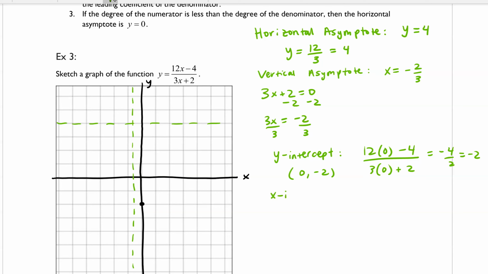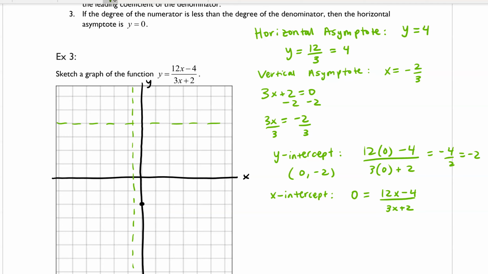Okay, so now let's see if there is an x-intercept. What we want to do is set y equal to 0. So we're going to have 0 equals (12x minus 4) divided by (3x plus 2), and I'm trying to solve for x in this scenario.